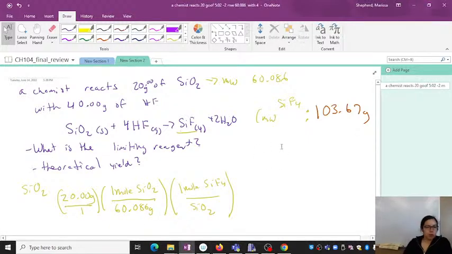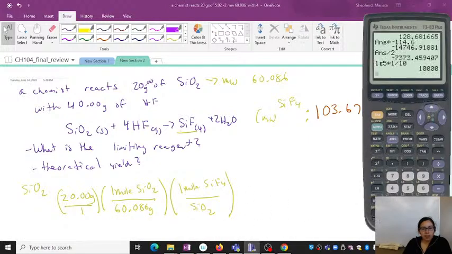Sounds about right. And so I'm going to go ahead and just plug in this for a second. So we have 20 divided by our 60.086. So now that gives us moles of silicon dioxide. So they're at a 1-to-1 ratio.